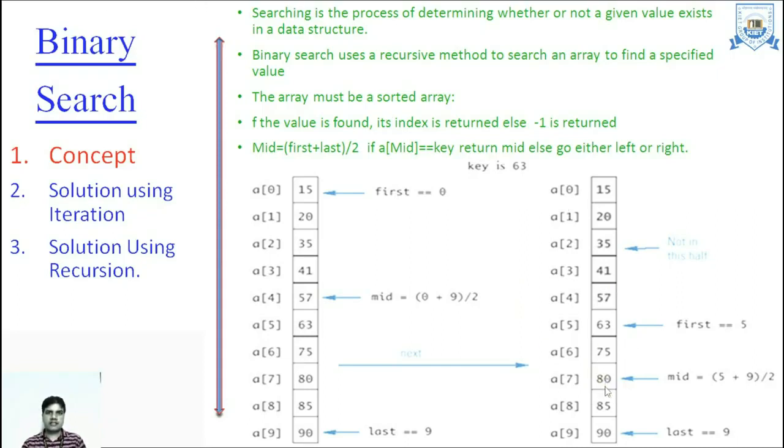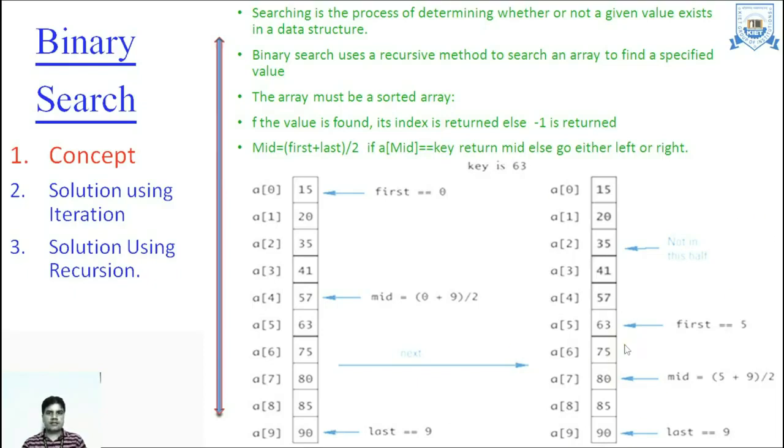If the value is 63, that means it is less than the element at the mid position, so we again update either first or last. In this case we will update the value of last. Okay, so now last would become mid minus 1, that means 6.